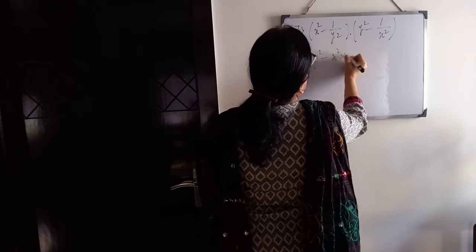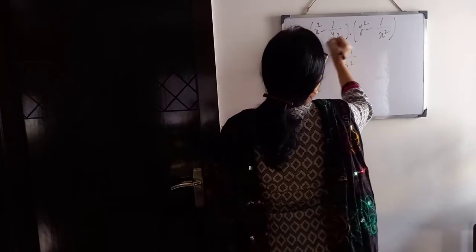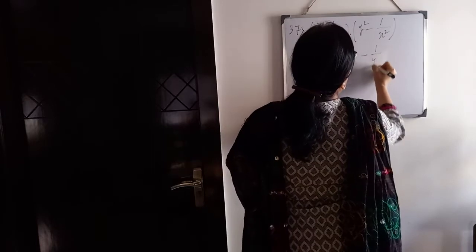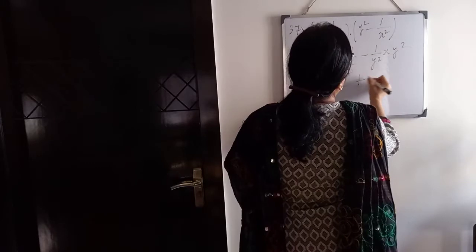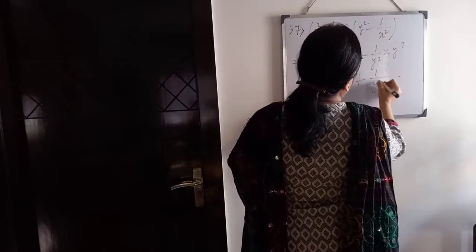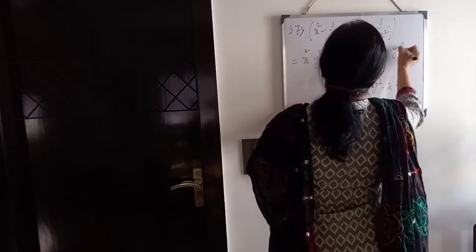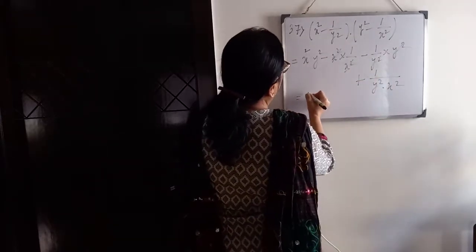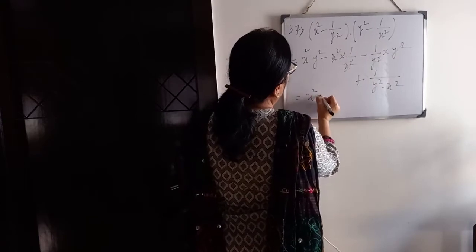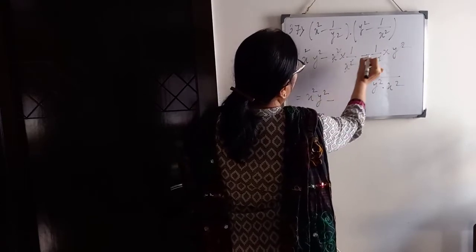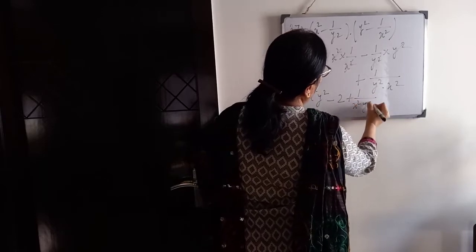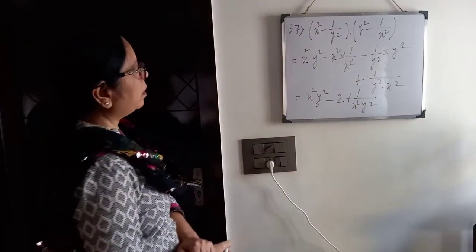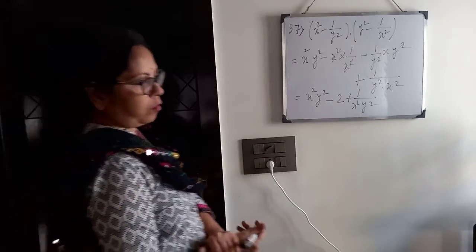First I am writing this, opening the bracket, minus this, minus minus plus this. Now this and this cancel out, this and this cancel out. So here we are getting x square y square minus 2 plus 1 by x square y square. Clear? Now what is the question?